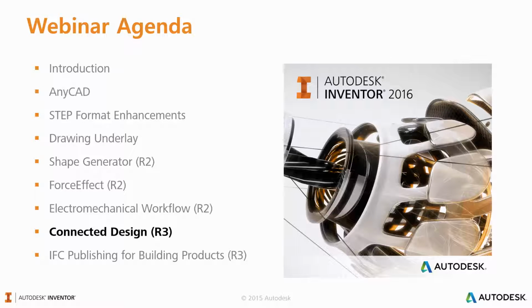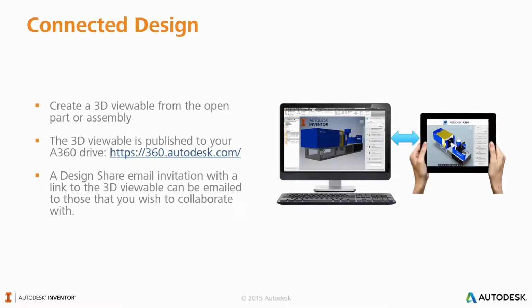Okay, so let's have a look at the connected design features that were added to the R3 release, which came out towards the end of November, start of December of 2015. These new features enable you to share your information.